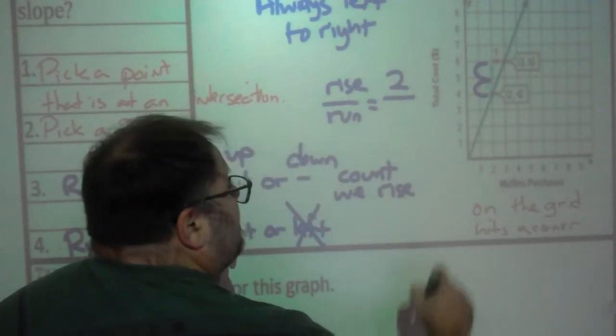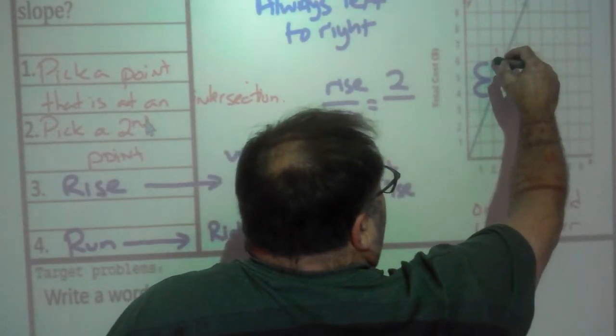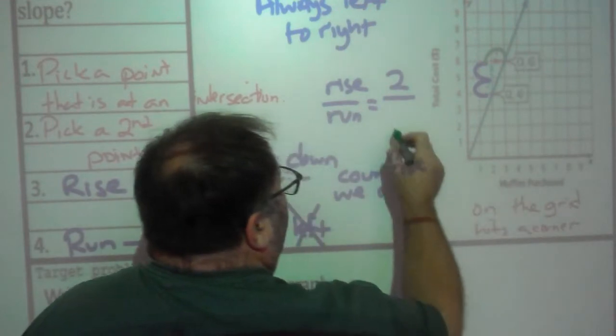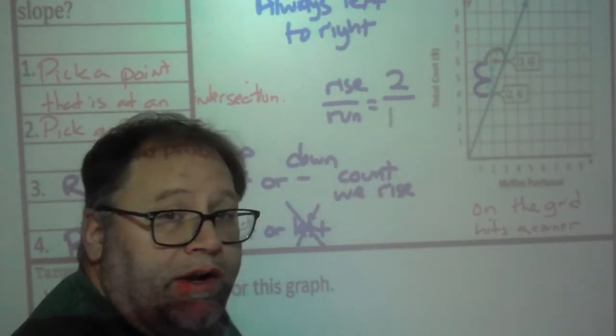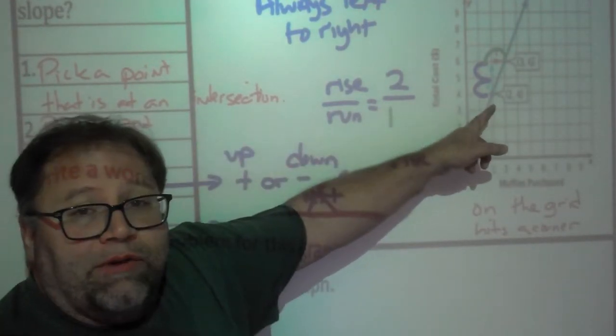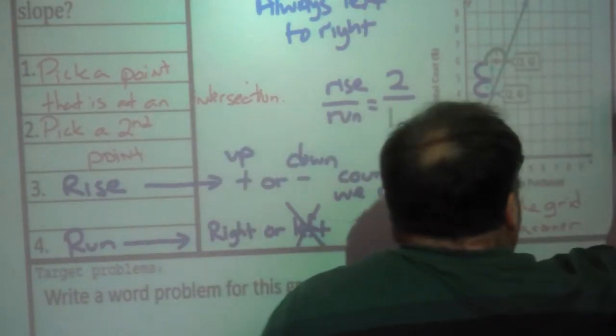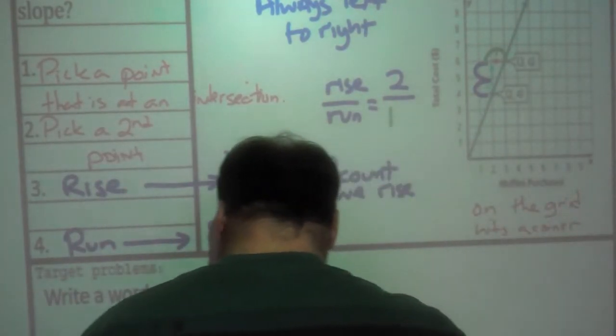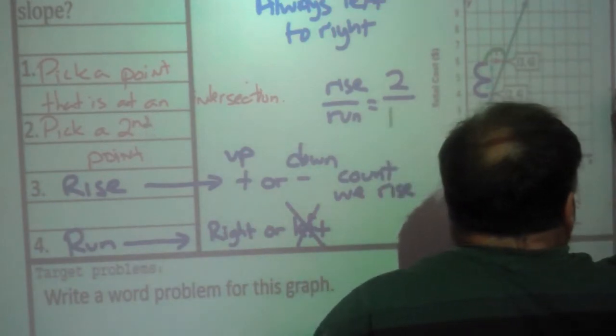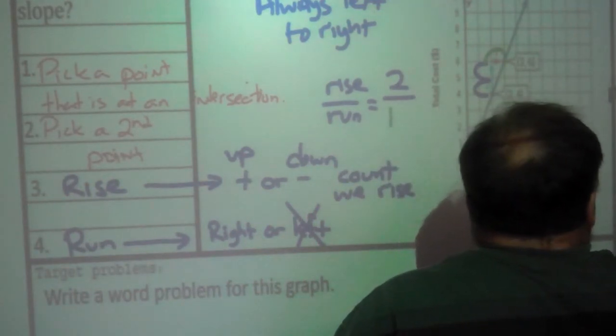So now I've hit my right angle, I make my turn, I go one step, that makes my run 1, and for that line, slope equals 2/1.